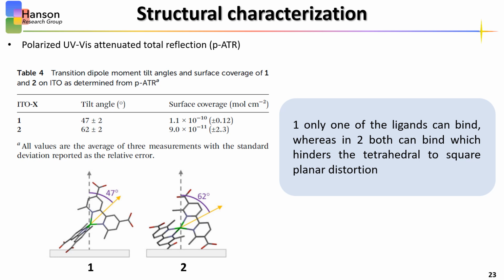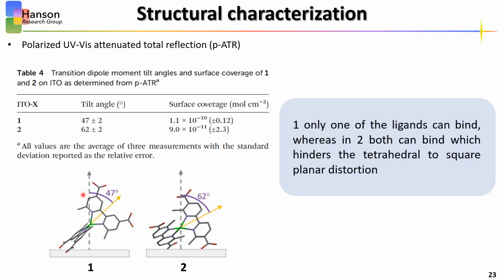For molecule 1, the tilting angle is about 47 degrees. And for complex 2, when both of them bind to the surface, it exhibits a tilting angle of 62 degrees. So compared to the one where only one of them binds to the surface, the tilting angle is larger.